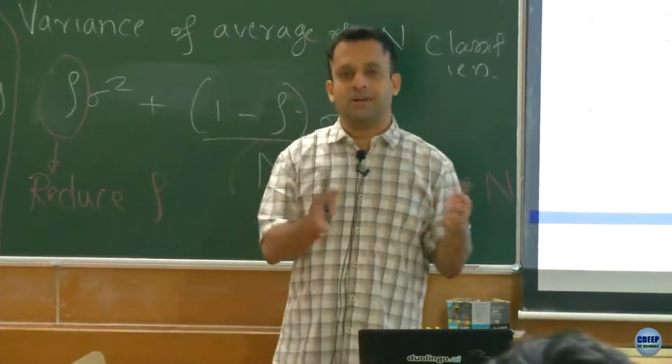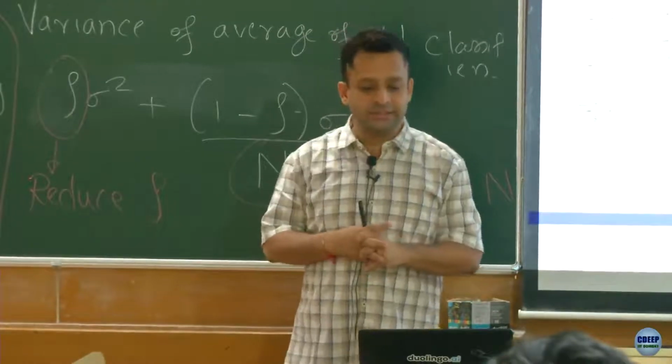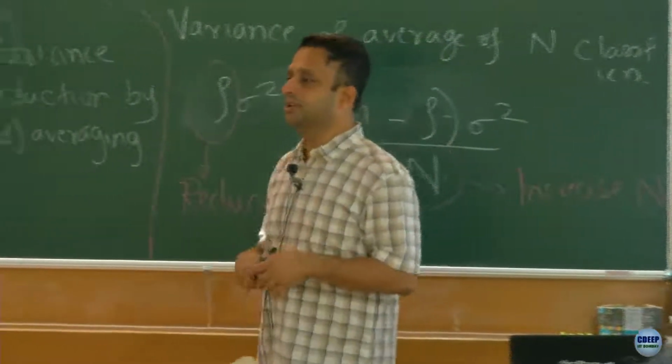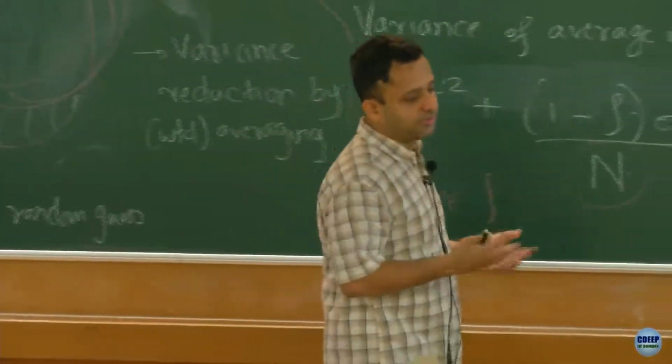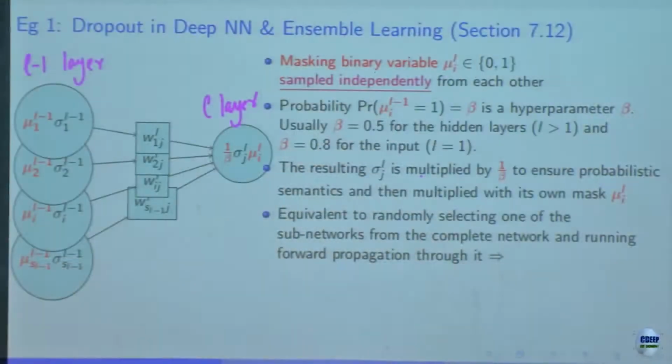For example, beta equals 0.5 is often chosen for the hidden layers and beta equals 0.8 for the input. But that's really a choice driven by engineering. Each of the sigma i's multiplied by mu i's is multiplied by 1 upon beta to ensure that we have probabilistic semantics maintained.